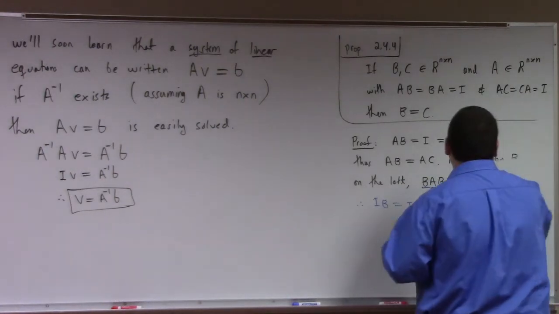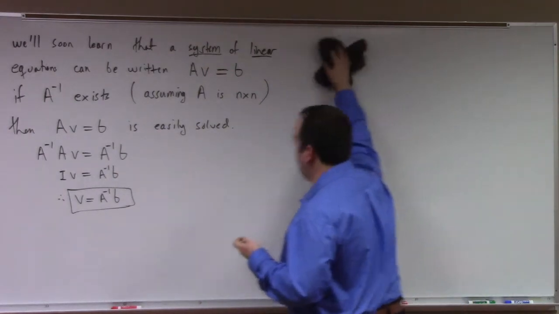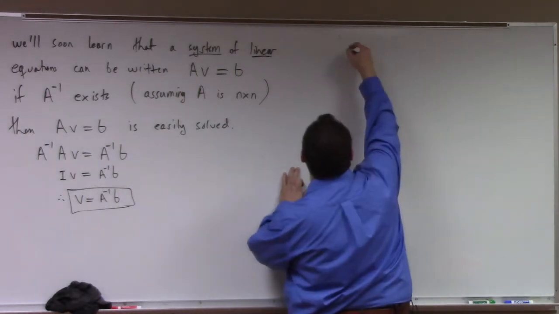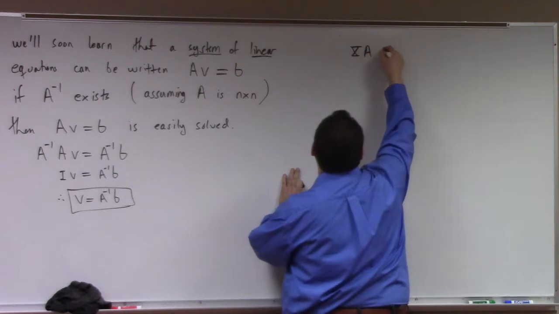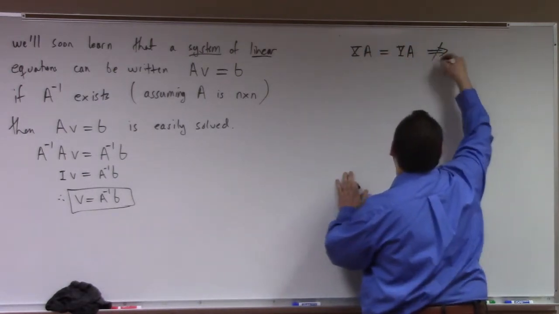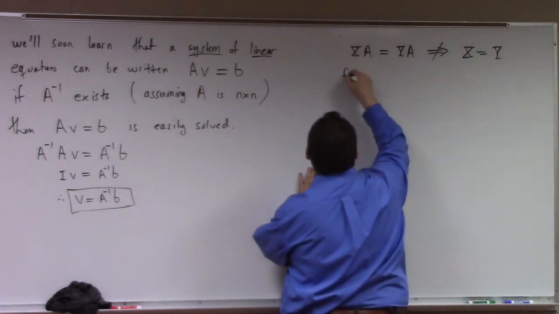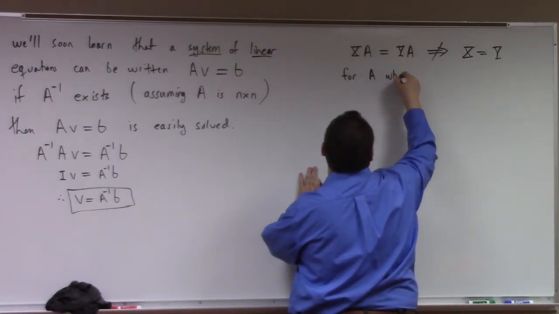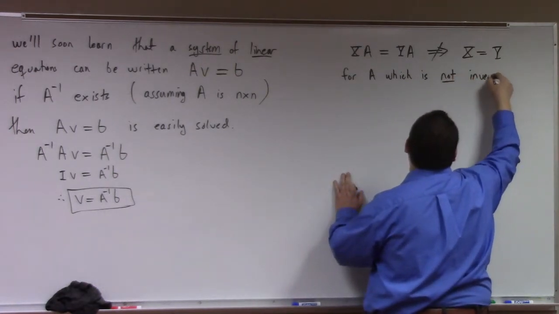You can have matrices such that it's certainly possible that X times A is equal to Y times A. It does not imply X equals Y for A which is not invertible.